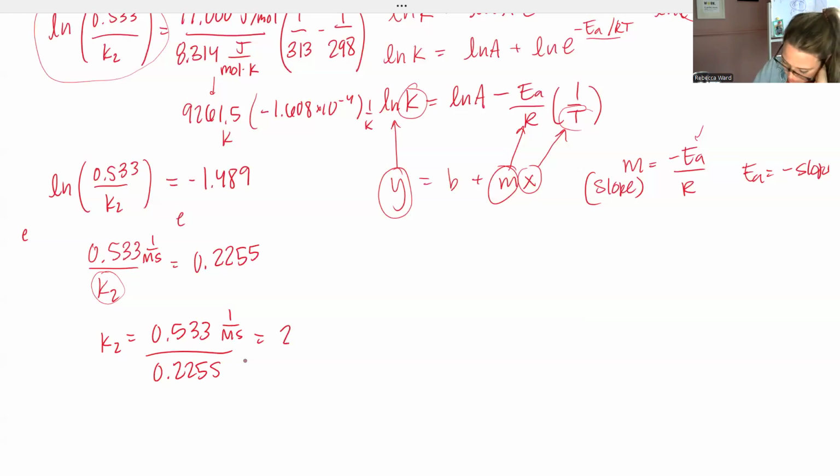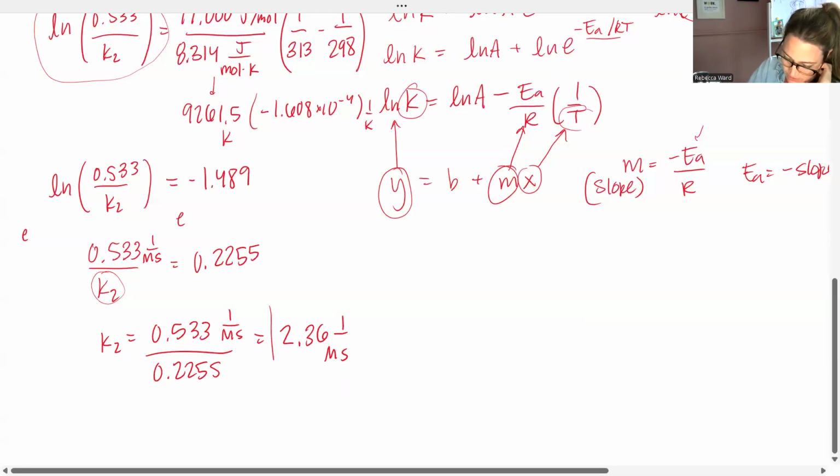Okay, I got 2.36. All right, and let me just double check that that was in fact an answer. I have a 2.37, which is pretty darn close. So that's what I was looking for there.